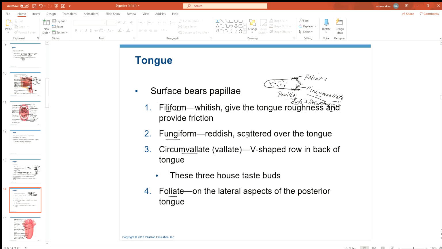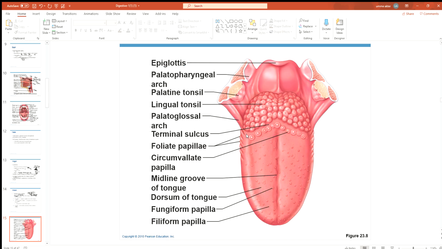Now just know one more thing, that all papilla have taste buds inside except the filiform. Filiform are empty, so no taste buds or taste receptors are present inside the filiform. So they are not useful to taste the food, but other papilla are filled with taste buds and receptors. Here again you see in the front part of the tongue you have the filiform and fungiform. These are circumvallate and these are foliate.